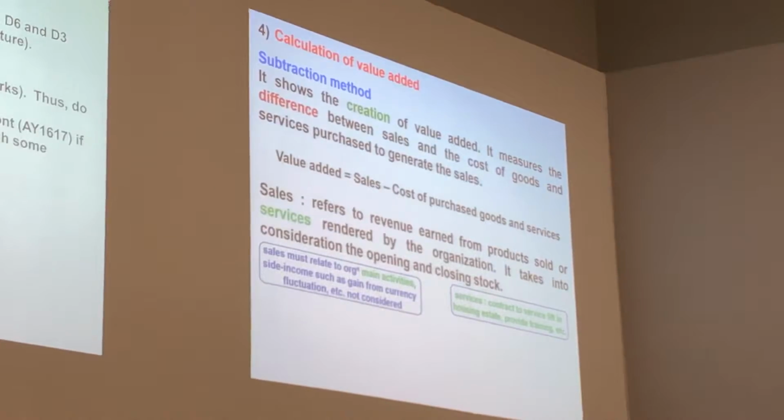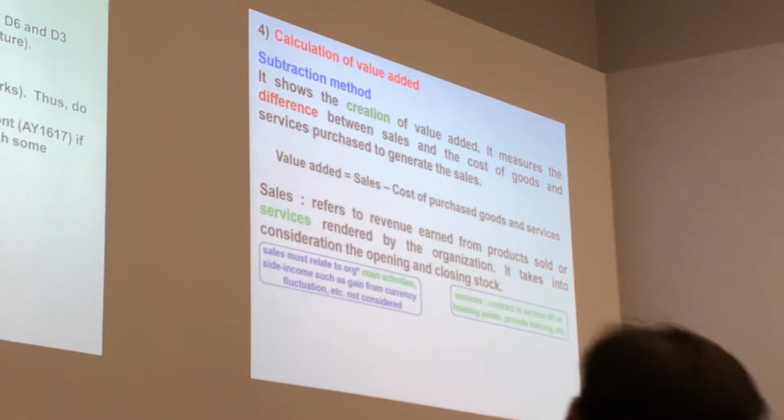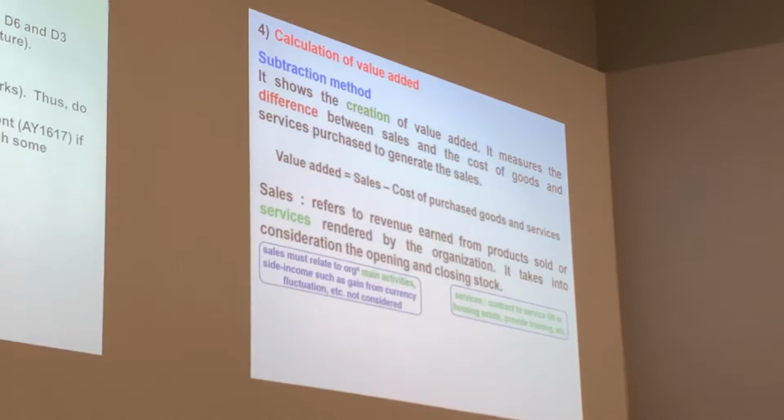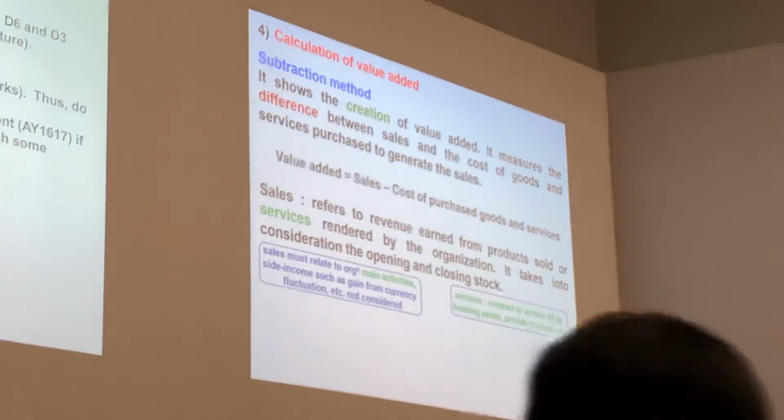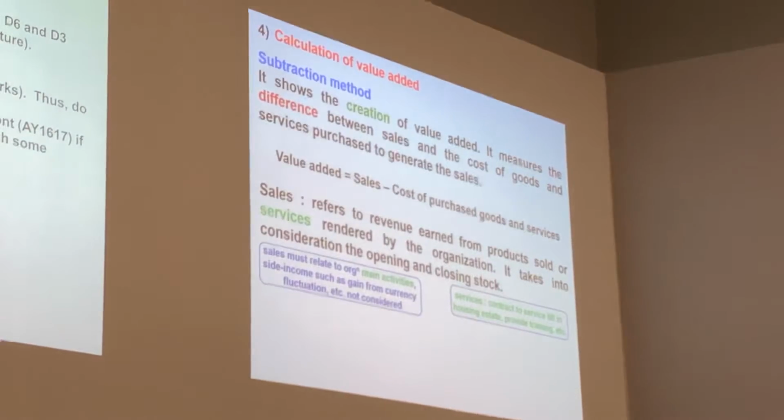Now the subtraction method, we call it subtraction method because there is a minus here. As you can see from the equation, it represents the creation of the value added, creation of the wealth. Meaning to say, the sales minus the raw material and services cost. The difference will be the wealth created.